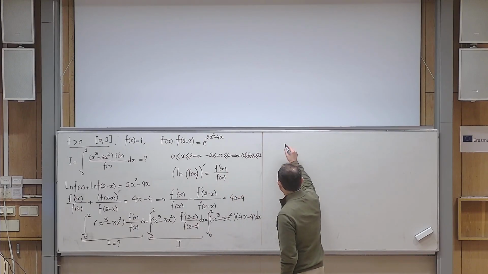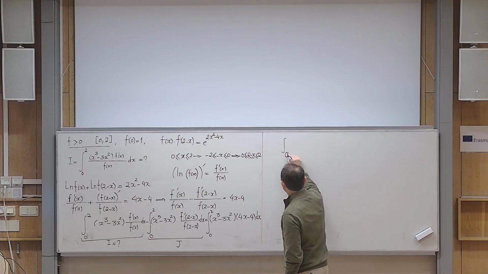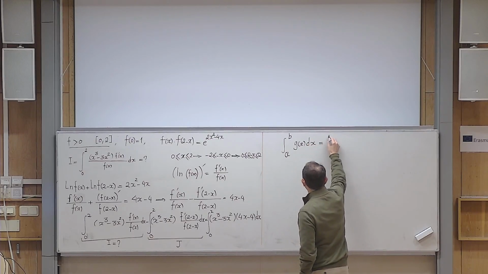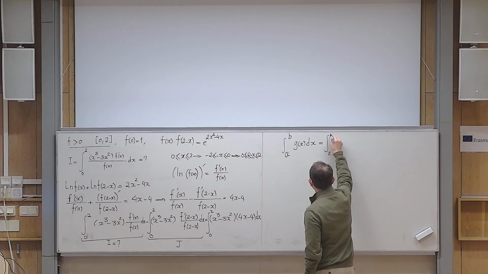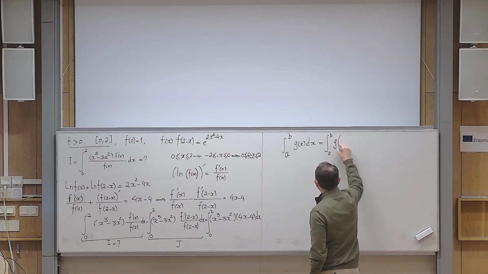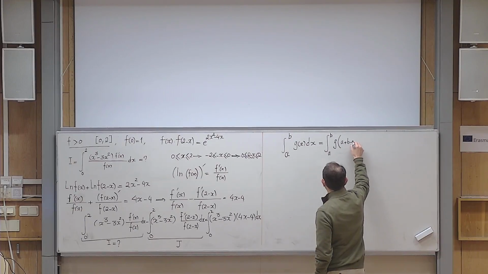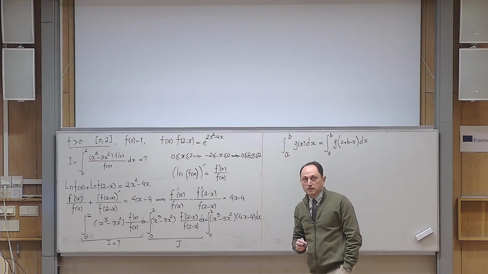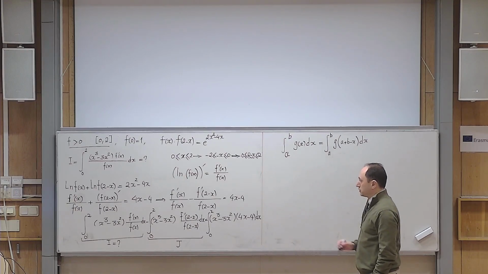So this immediately reminds you of this theorem, that the integral from a to b of an integrable function like g of x dx can always be written as the integral from a to b again, but g of a plus b minus x dx. I don't want to prove this because that's a very famous theorem in definite integrals, but I want to use it.